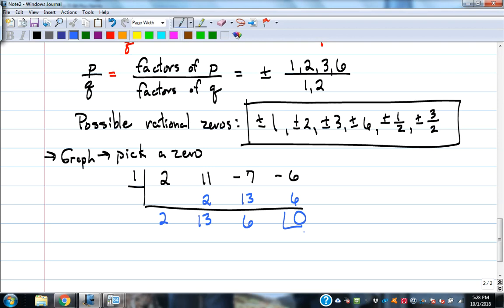If you don't get 0 as the remainder when you do that, something went wrong. You missed a sign somewhere, maybe you even miscopied the problem, or you graphed the wrong problem.